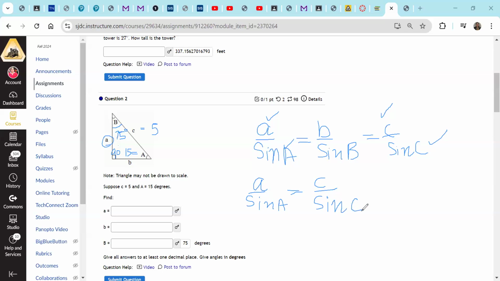Now the A value is unknown. Sine A, angle A is 15 degrees.